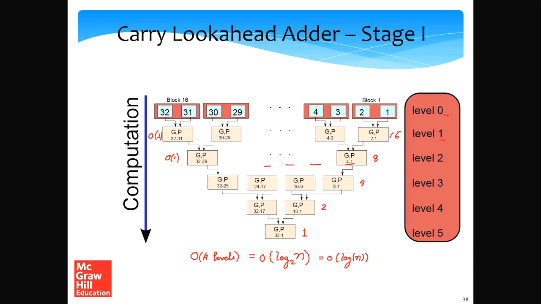One AND for the propagate and one OR and one AND for the generate, and we have order of log n levels, so the total time it will take is order of log n. And we will essentially have a tree of GP functions, like an inverted triangle, with GNP functions for different ranges of bits. So the question is, we need to use it to actually do our addition.